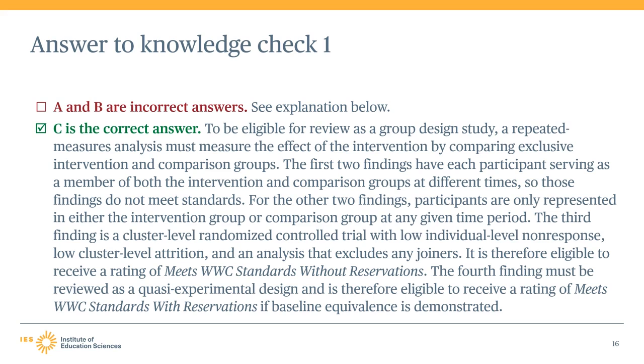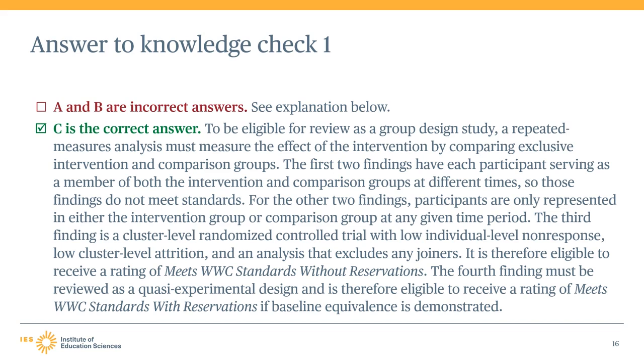In this example, the first 2 findings have each participant serving as a member of both the intervention and comparison groups at different times, so those findings do not meet standards. For the third and fourth findings, participants are only represented in either the intervention or comparison group at any given time period.